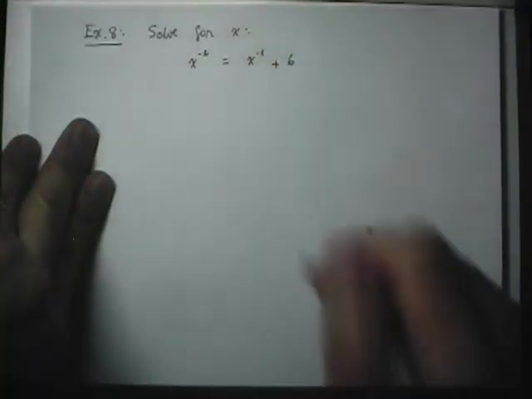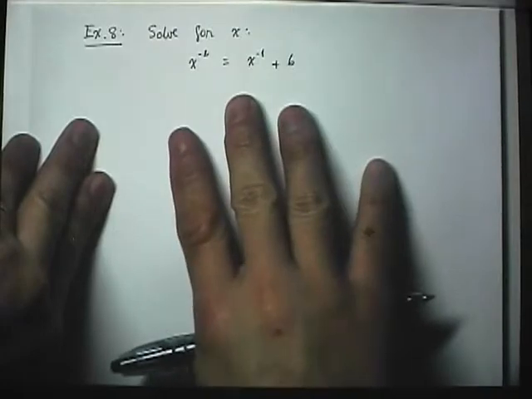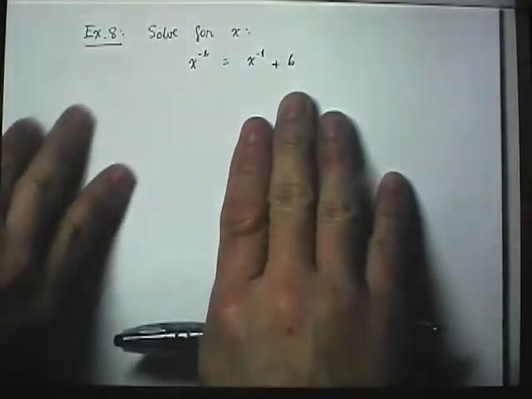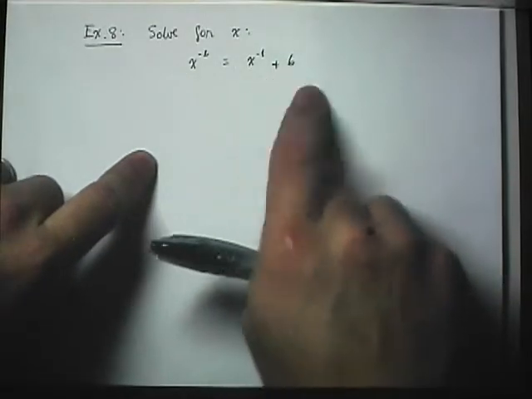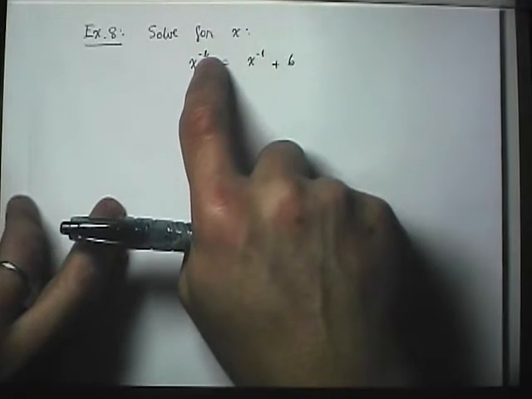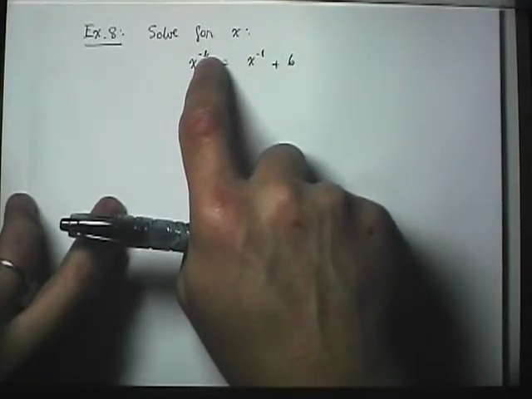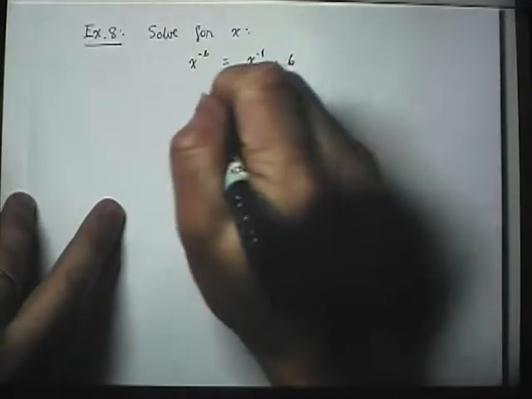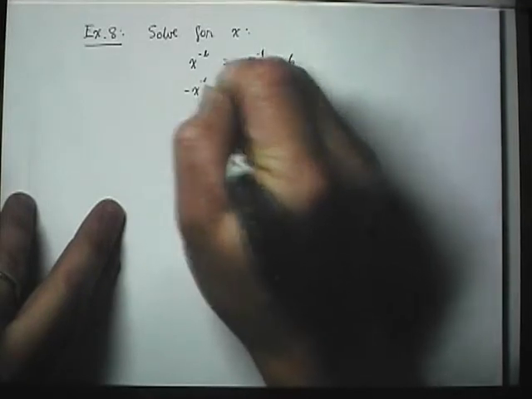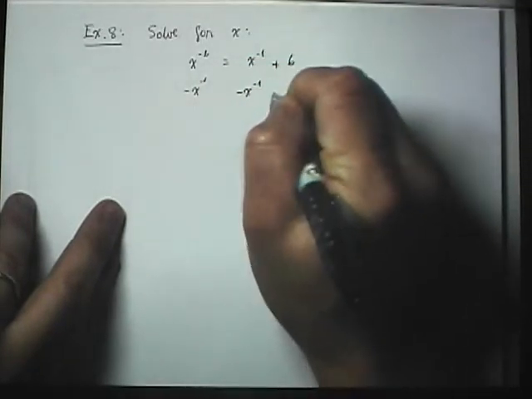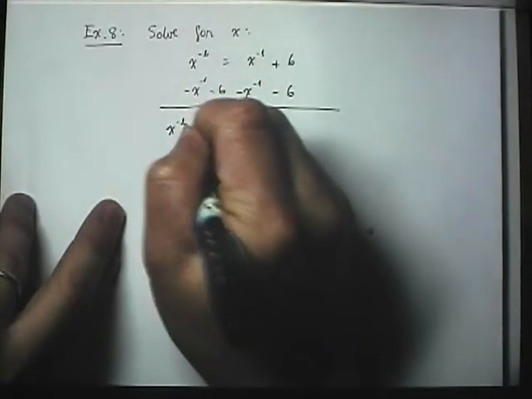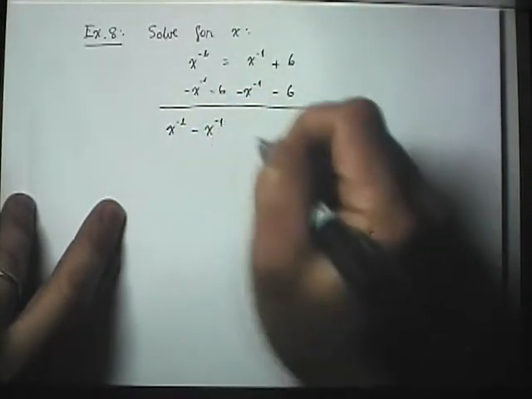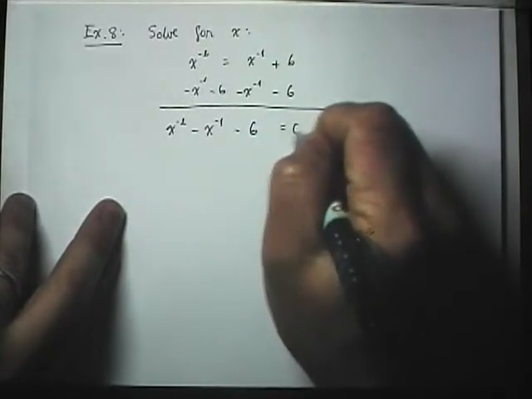Before we even try to recognize the quadratic-like nature of this equation, let's rearrange our terms to the left-hand side. Keep in mind, these are negative powers, but they don't mean negative numbers. So I can simply subtract x to the negative 1 from both sides, and subtract 6 from both sides, and that gives me x to the negative 2 minus x to the negative 1 power minus 6 equals 0.